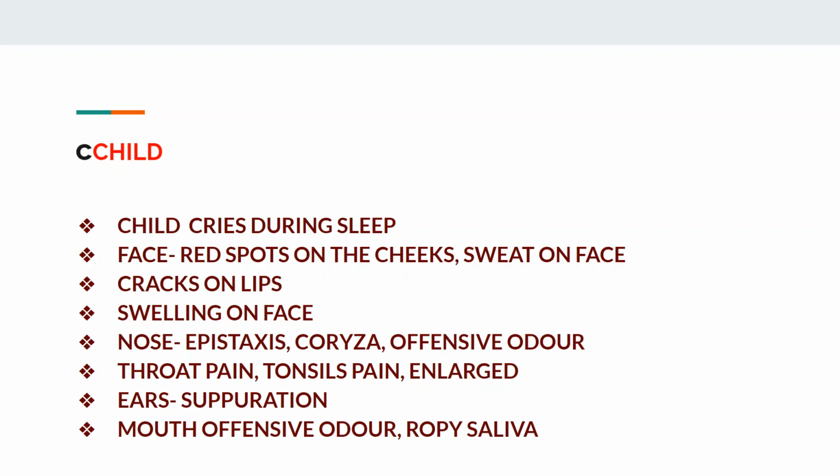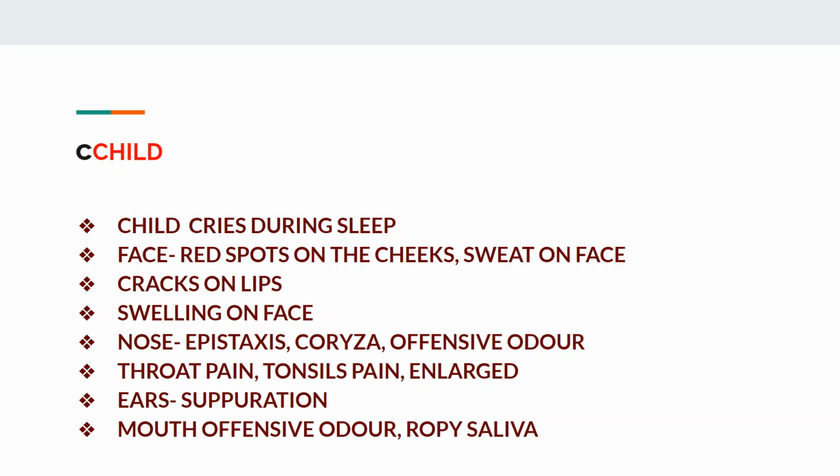The child who cries in sleep has red spots on the cheeks, sweat on face, cracks on lips, swelling on face. Nose, the patient has epistaxis, coryza, offensive odor. Throat pain, tonsils painful, enlarged, with aggravations following.